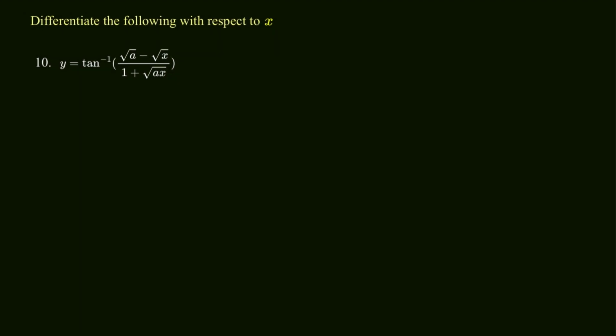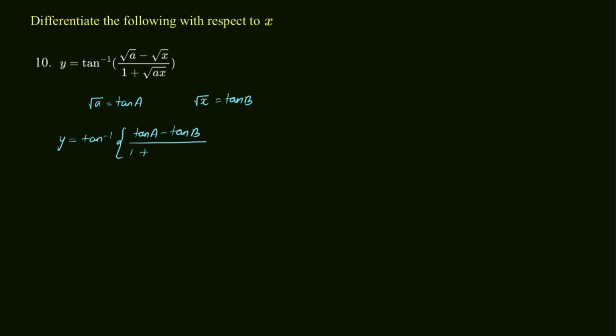The last question for this video and from this chapter, from this topic. So here also I will consider root a as tan A and square root of x as tan B. On doing so, my function will be tan inverse of (square root of a minus square root of x) over (1 plus square root of a into square root of x).